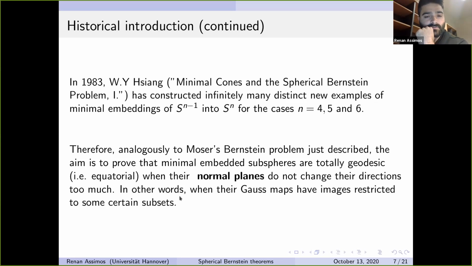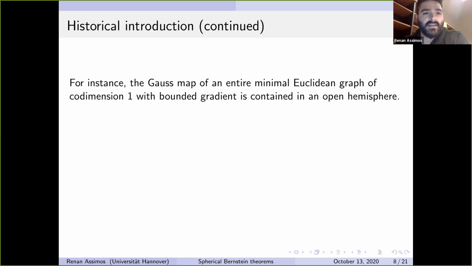Or if we want to rephrase this, we want to impose some condition on the Gauss map of such a minimal hypersurface of S^n. Okay. So what if we restrict the set where the image of the Gauss map can be? Could we then get some rigidity result a la Bernstein, I mean?